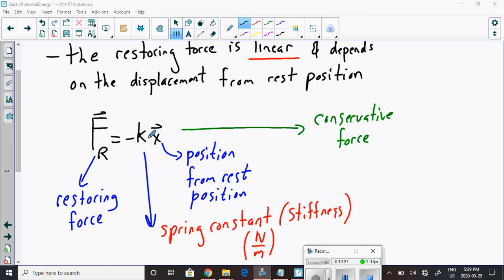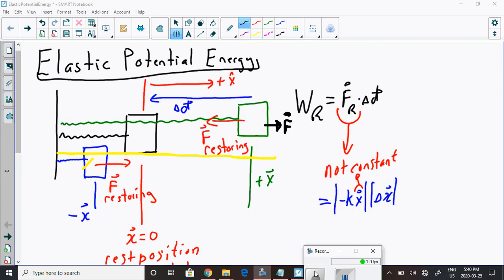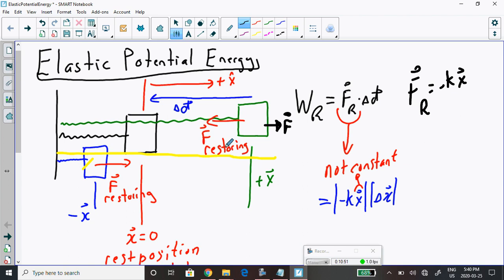If you're in the negative displacement for the object at the end of the spring and the spring itself, then negative times negative and the restoring force will be in a positive direction. And we can see the negative aspect of this, right? That the restoring force is negative kx. We can see that in the diagram that we talked about before.